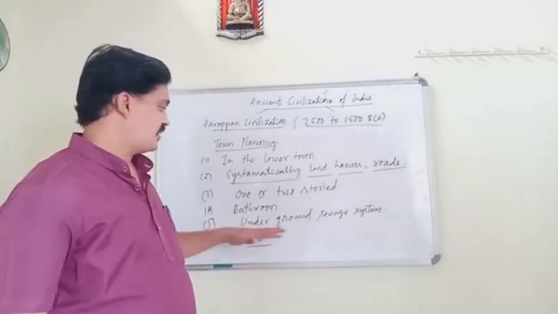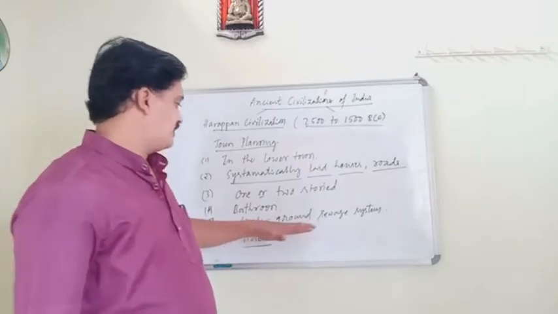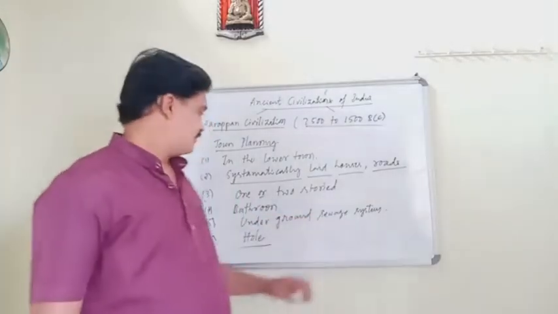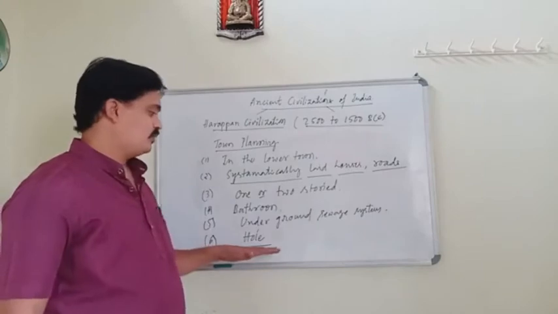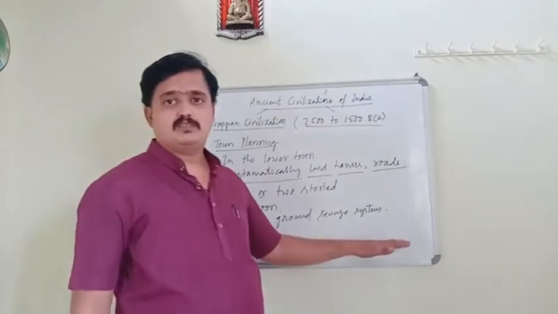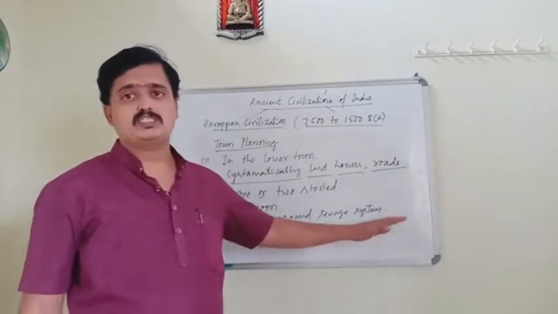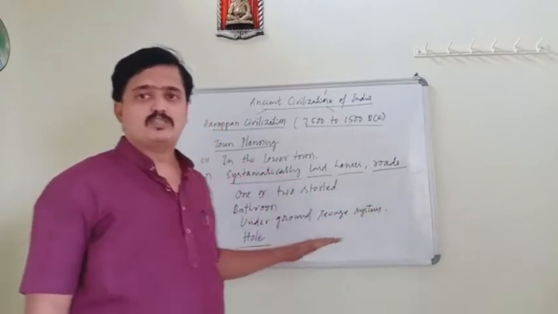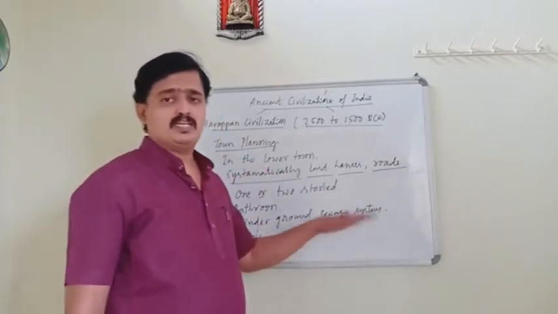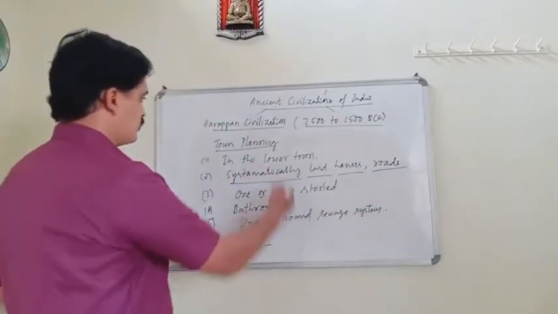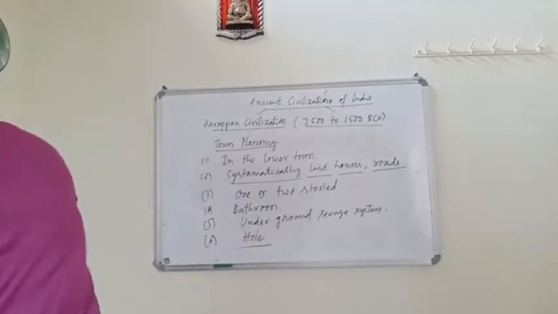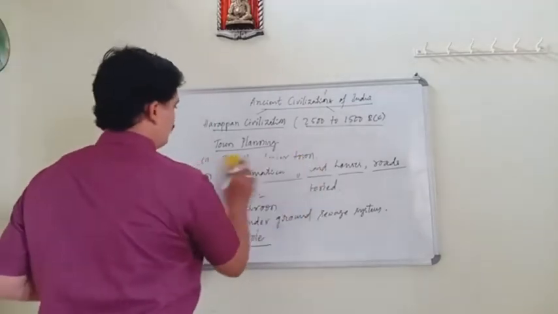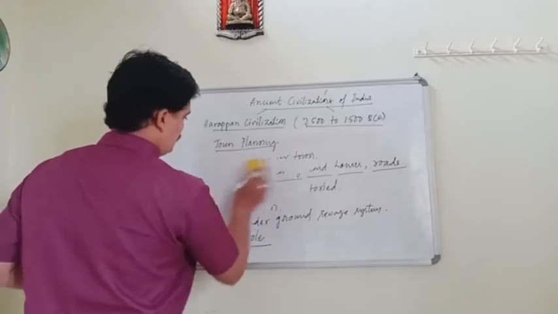We also find an underground sewage system, and finally the hole on the main drain for timely cleaning. So these were the highlights of town planning. Let's move on to the town life of the Harappan people.